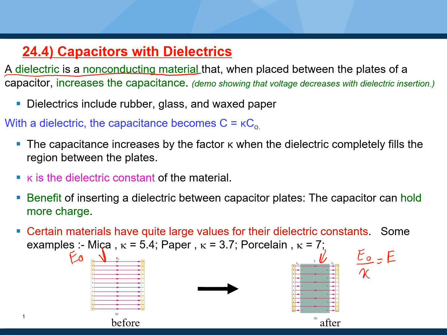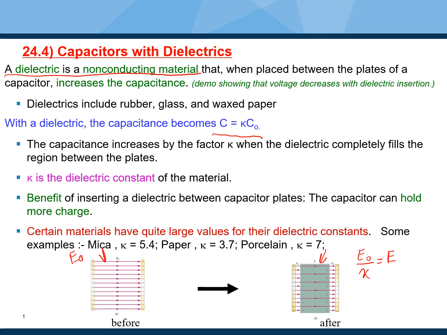It is desirable because the distance between the plates is not changed, and the voltage is just the electric field times the distance. And therefore, it basically means that the voltage between the plates of the capacitor in the right figure is actually reduced by a factor of kappa, and therefore, since the capacitance is just equal to the charge divided by the voltage, it basically means that the capacitance has been increased by that same factor.